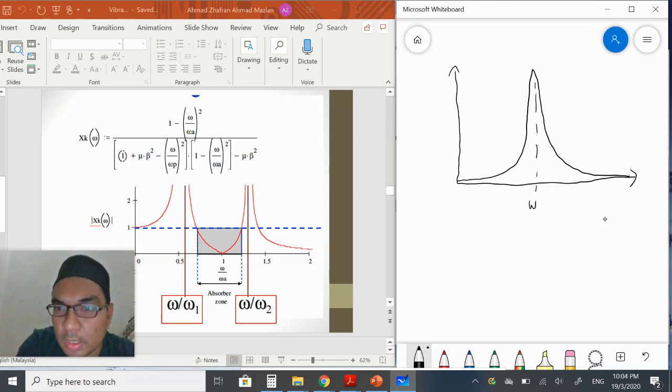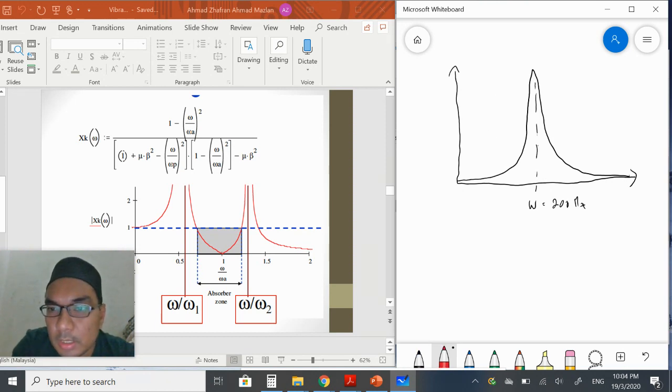Okay, this is omega. Let's say you have an operating frequency of 200 hertz. When you apply the DVA, it will actually become like this. This is omega 1 and omega 2.